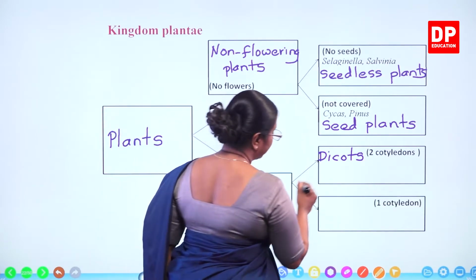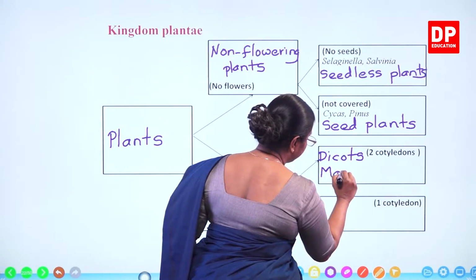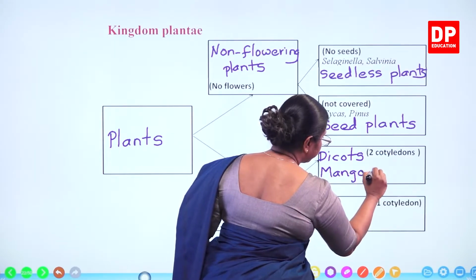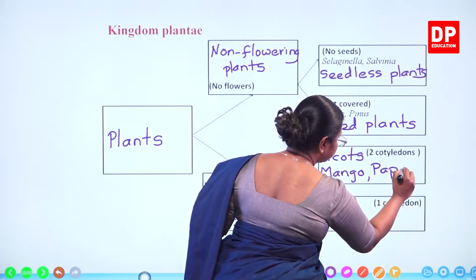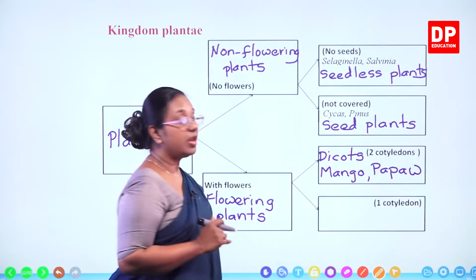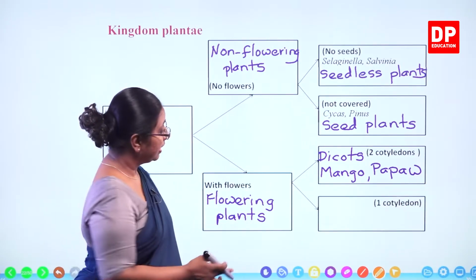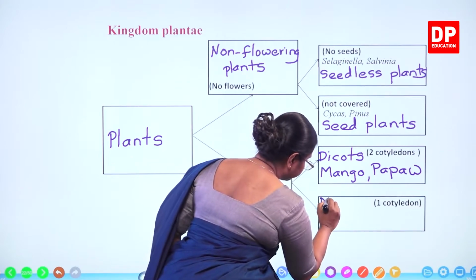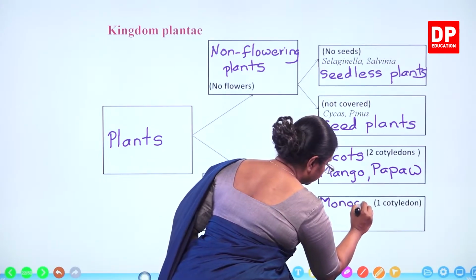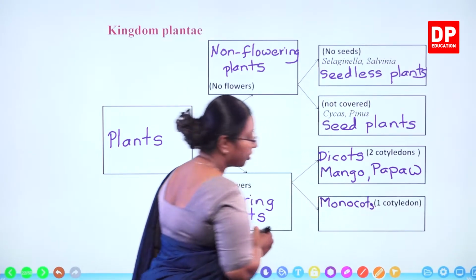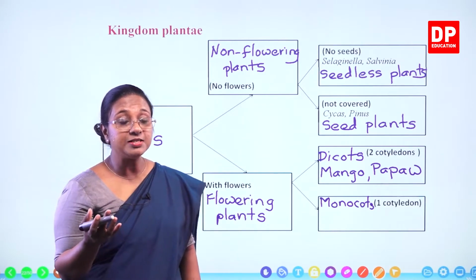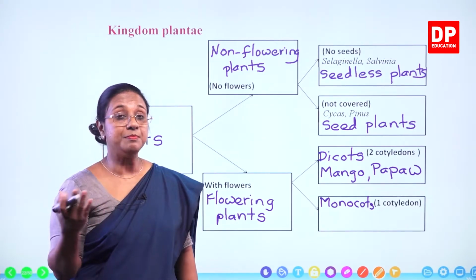What are the examples? You can think of mango, mango tree, papaya or pepper. These are all dicot plants. Then we have the monocots. Again, monocots, monocotyledonous plants or monocotyledonate plants.